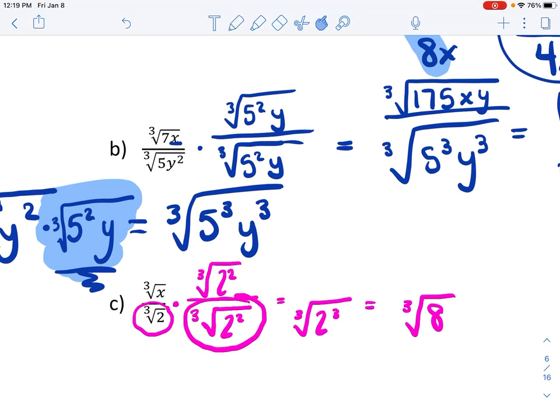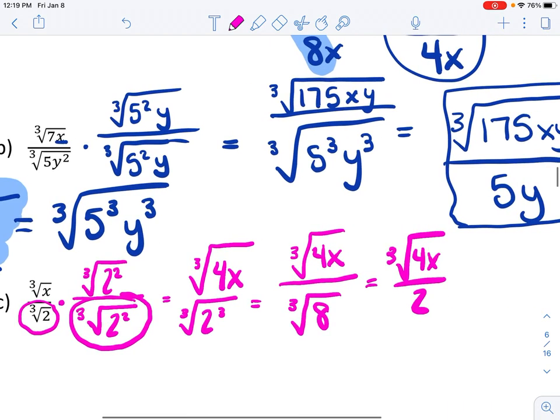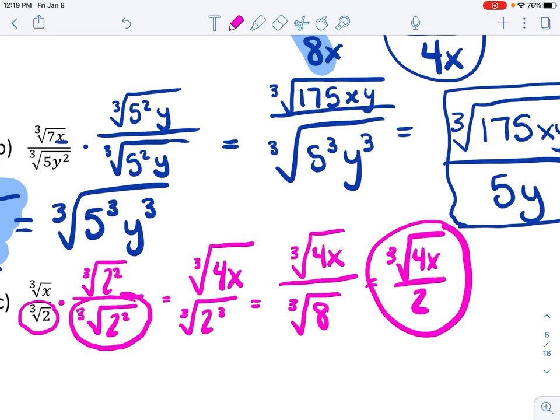And then the cubed root of x times the cubed root of 2 to the second power is the cubed root of 4x. You just carry this over, cubed root of 4x. And the cubed root of 8 is actually just 2, so our final solution ends up being the cubed root of 4x over 2. And that is it for that one.